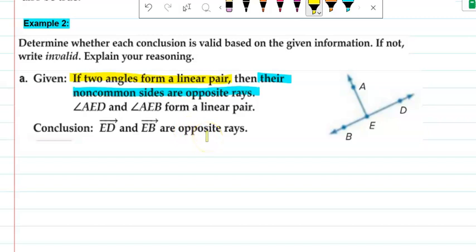Okay, does that match either part of our sentence up above? That we have two angles listed and they're forming a linear pair. Hopefully you're recognizing that it's matching the part of the sentence in yellow. Okay, and then ray ED and ray EB are opposite rays. Okay, and that happens to match the blue part, the second part.